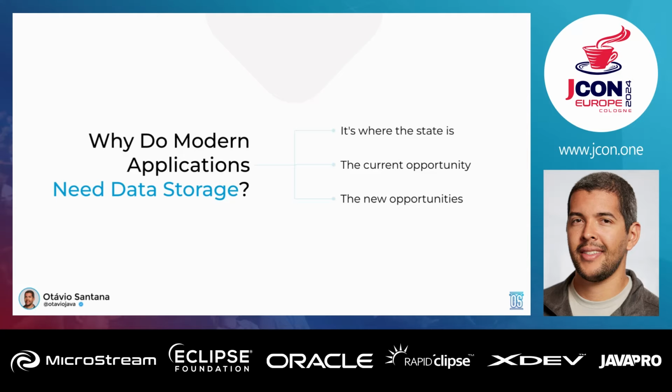And this place is also where I put my current opportunity. For example, I handle e-commerce. For sure, I need to put the price, I need to put the items, and I need to check the items left inside my system. And for the future, it is where my opportunities come from. For example, I have a case in Brazil where we did a VIP card, a black card, in the bank, in finance.